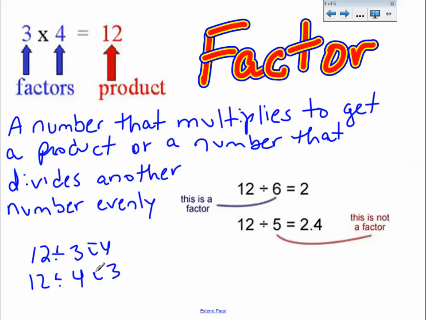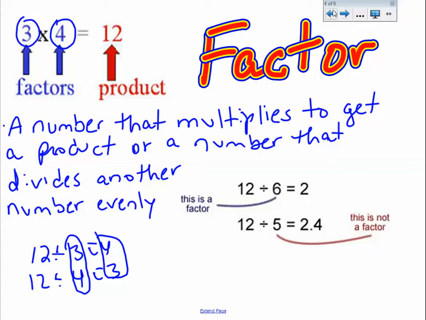Apologize for my handwriting there. But you'll notice that both of these numbers will divide 12 evenly, giving us an answer with no decimals and no remainders. So they are factors of 12, just like they were up here as well. So you need to get this definition down. A factor is a number that multiplies to get a product, such as here, or a number that divides another number evenly.